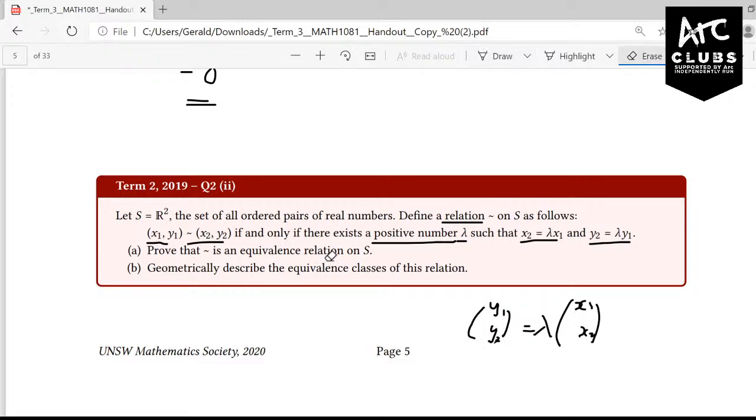All of the equivalence classes for this. So they are multiples of each other.